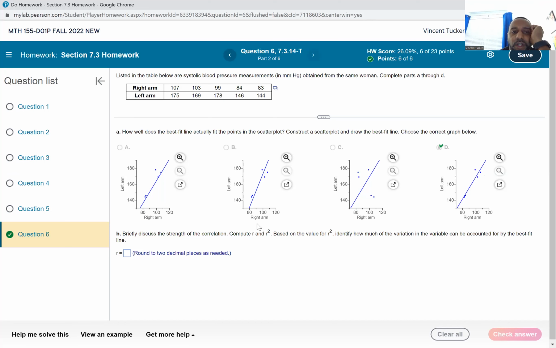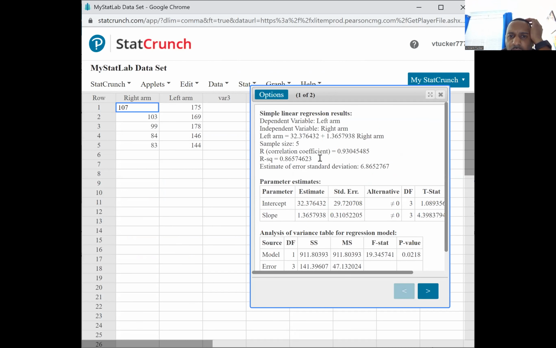All right. So then it asks us what is R. So if you go back, R is 0.93045. Let's see how many decimal places they want.